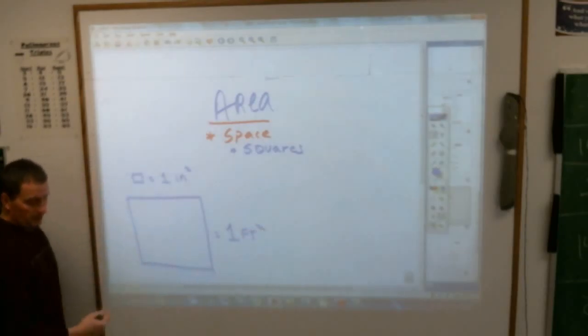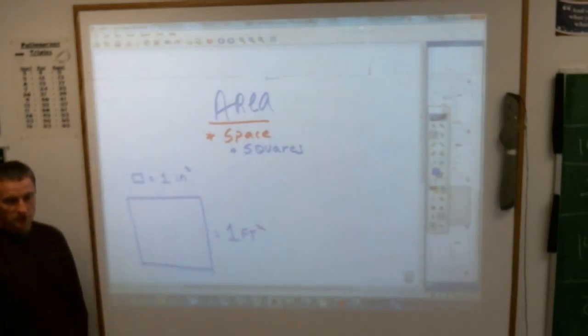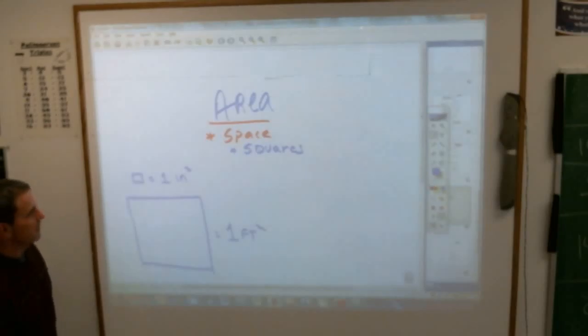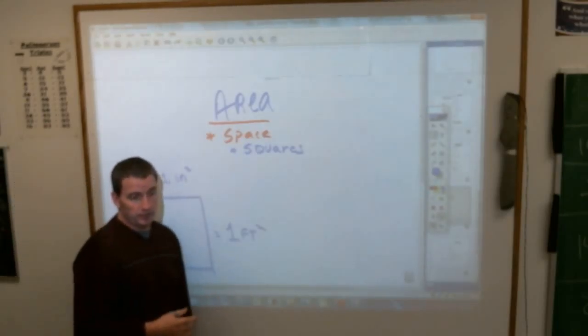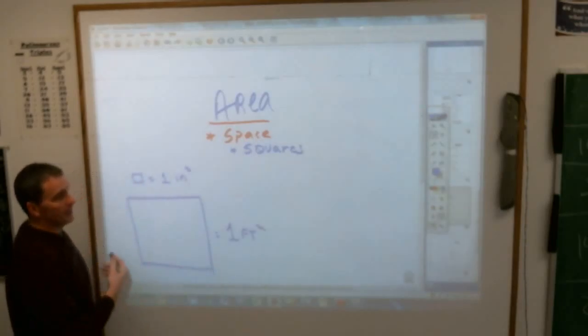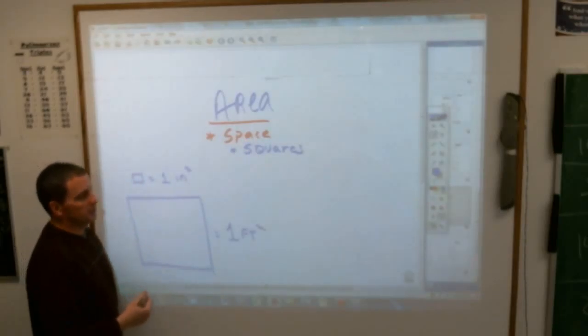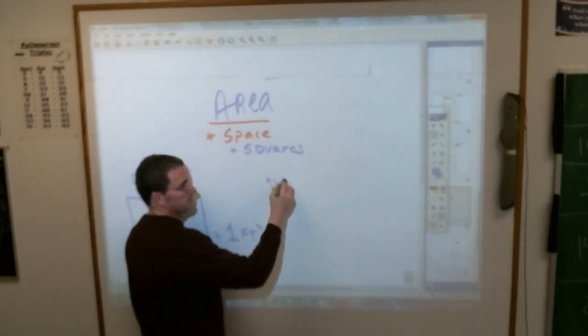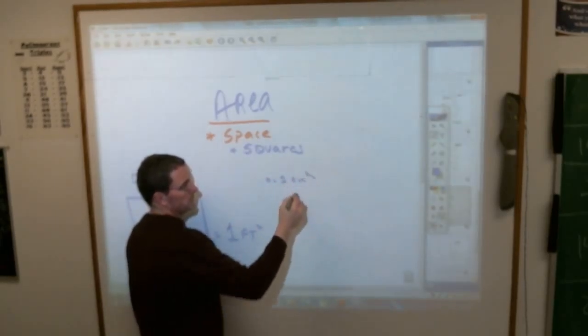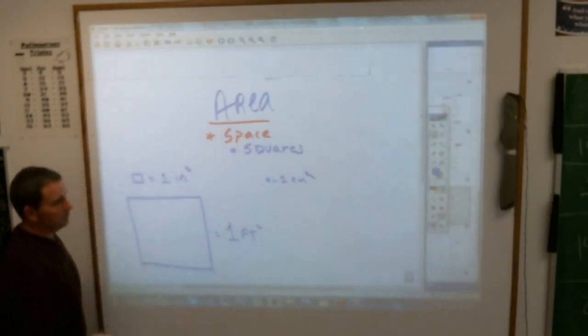A good example of a foot squared is the floor tiles there. Each one of those is a square foot. And again, you could go to square miles, which would be very large, or square yards. A square centimeter would be really small, something like this maybe. A square meter would be a meter by a meter.